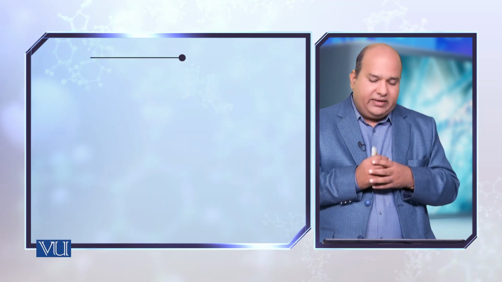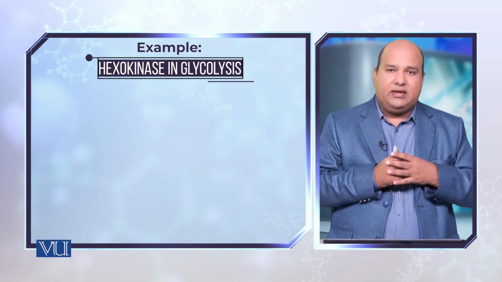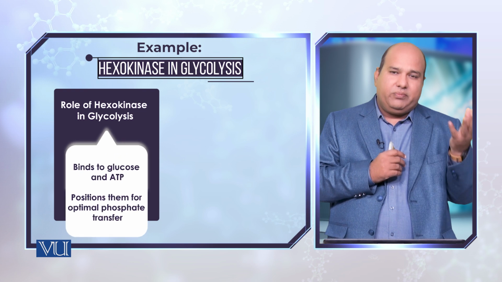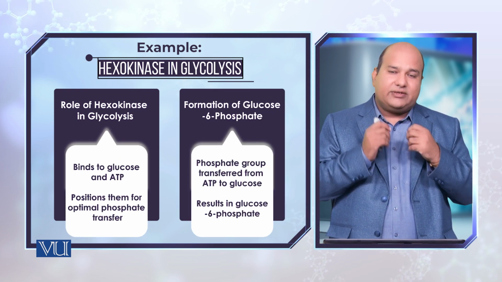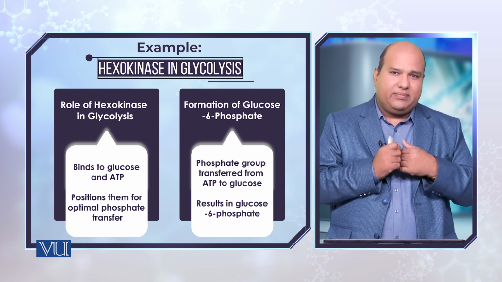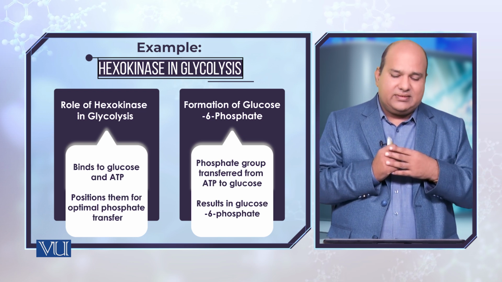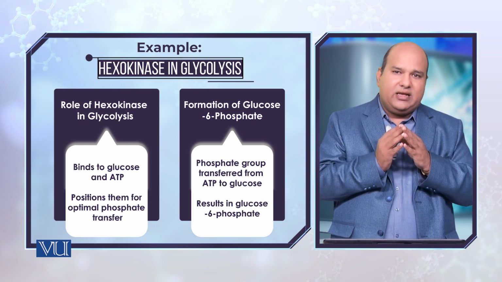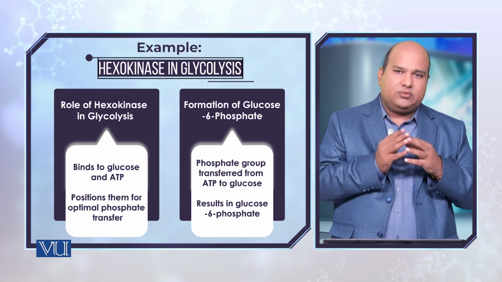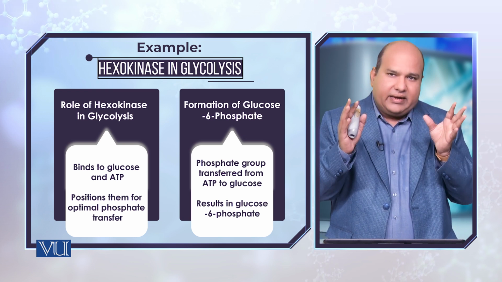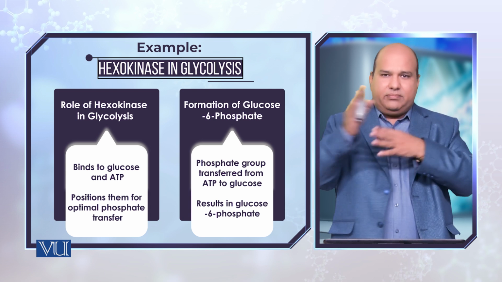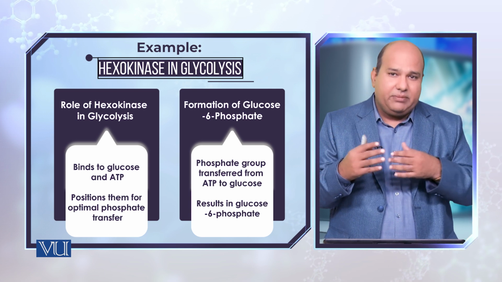One very important example, which you will definitely go through when you study glycolysis, is the role of hexokinase, one of the very first enzymes involved in glycolysis. It leads to the phosphorylation of glucose, giving rise to glucose 6 phosphate. One molecule is the glucose, the other substance is ATP.